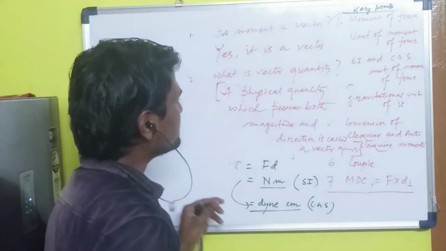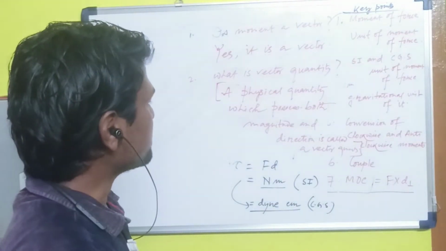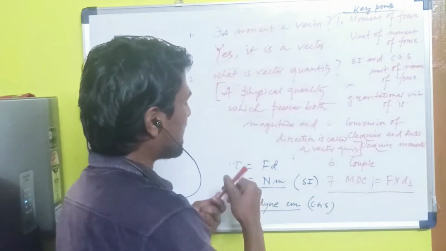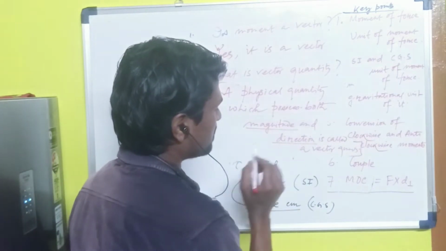So a physical quantity which possesses both magnitude as well as direction.